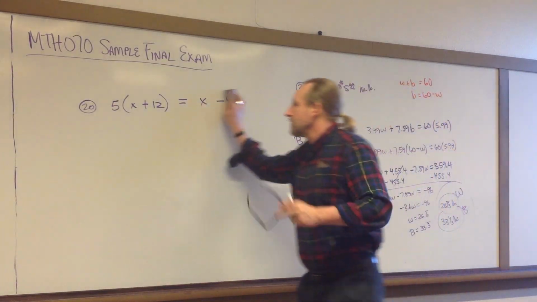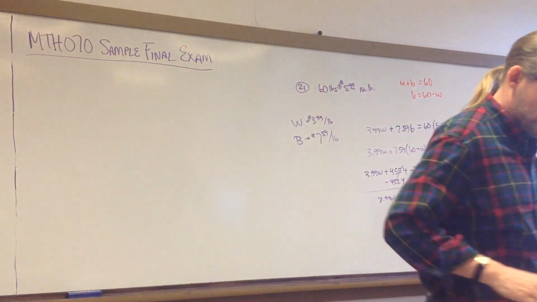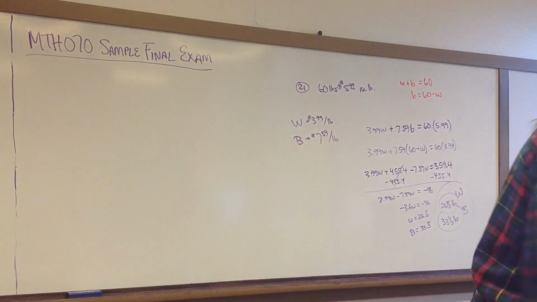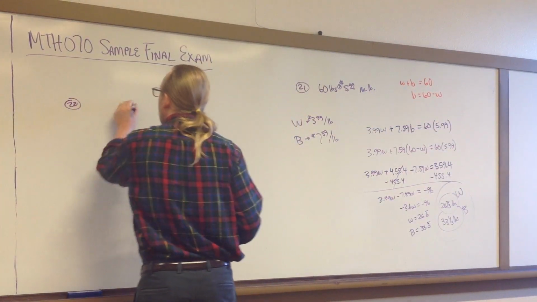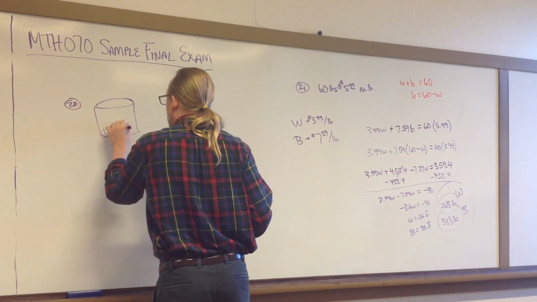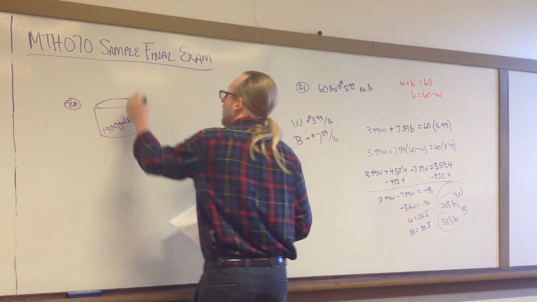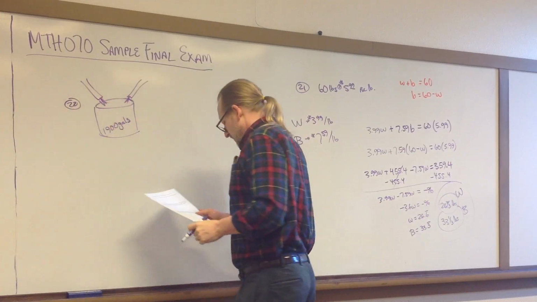Problem 22 is filling a tank with 2 different hoses. So this tank is 1,900 gallons. Okay, and we're filling it with these 2 different spigots. Let's see here.